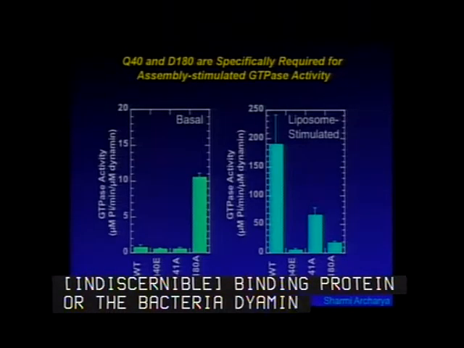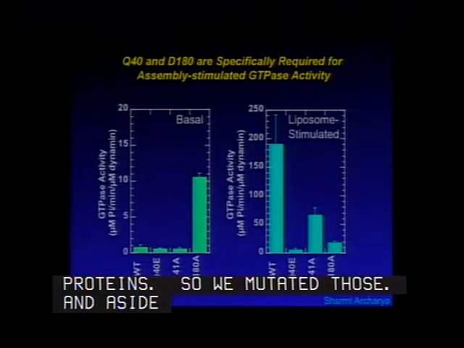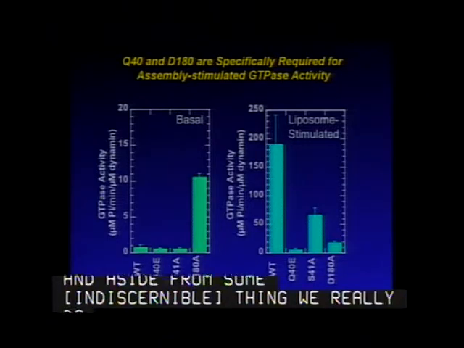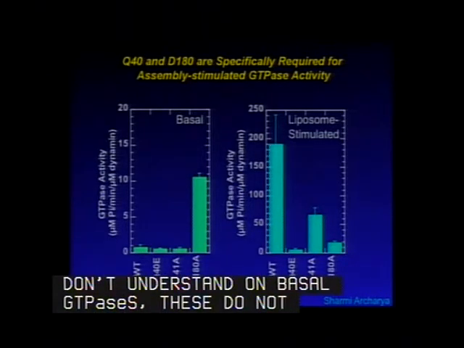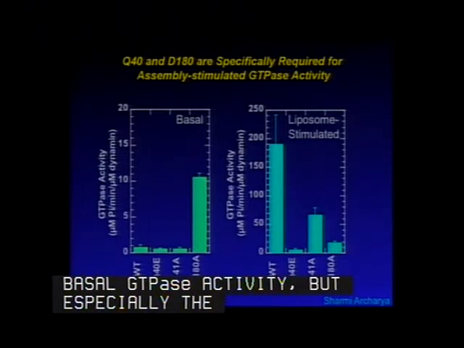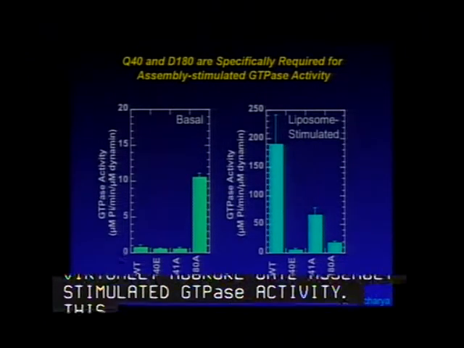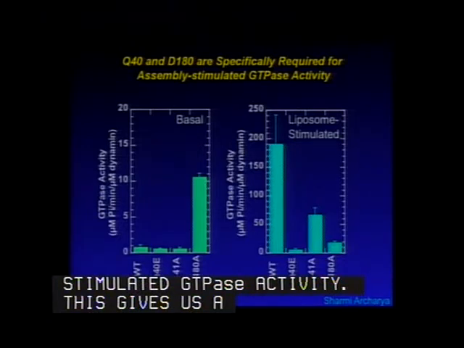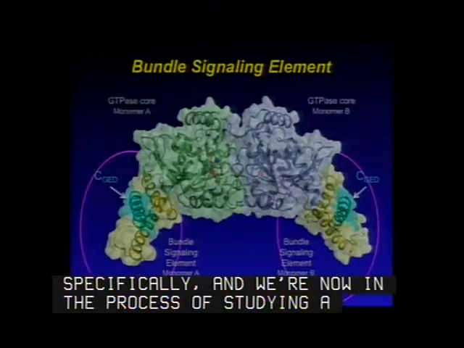So we mutated those, and aside from some aberrant thing we really don't understand on basal GTPase activity, these mutants do not inhibit basal GTPase activity, but especially the Q40E and the D180N, they virtually abrogate assembly-stimulated GTPase activity. So this gives us a mechanism specifically for assembly-stimulated GTPase activity, and we're now in the process of studying the phenotype of these mutants in cells.